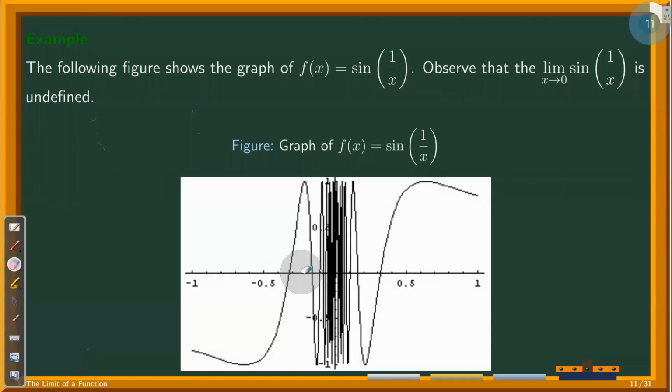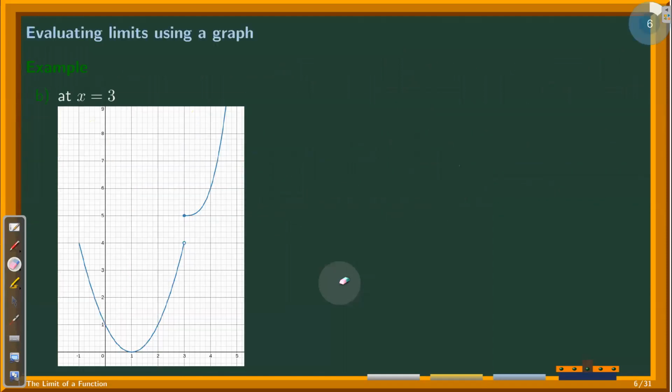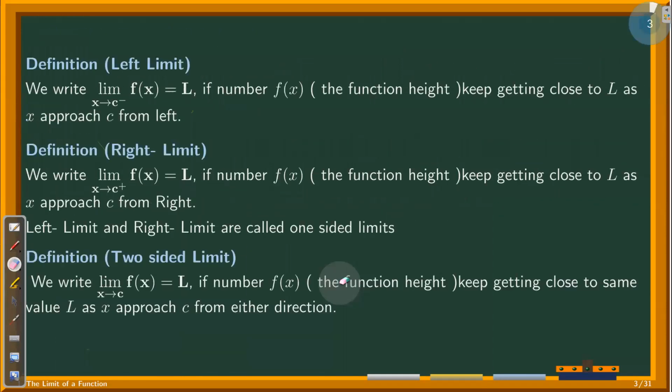Because of that, if we have a graph, we can tell the limit. But if we don't have a graph, it's a little bit hard to tell the limit without looking at this definition.